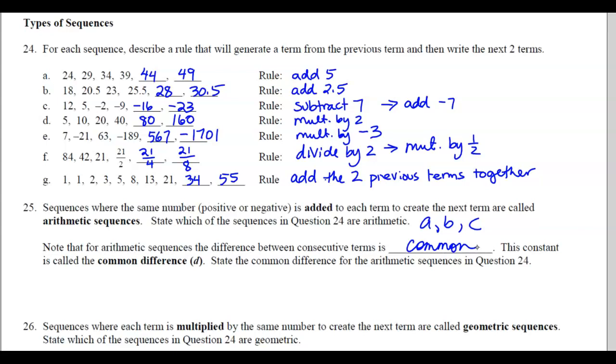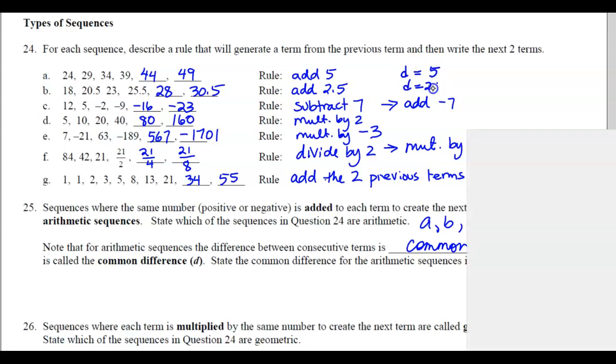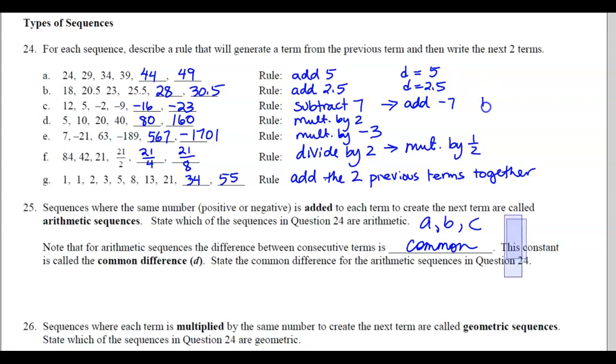So here, D, I'm just going to go back up and put them up here. D is 5. D is 2.5. D is negative 7. Okay? It's always the difference between them, so I gotta fix that.